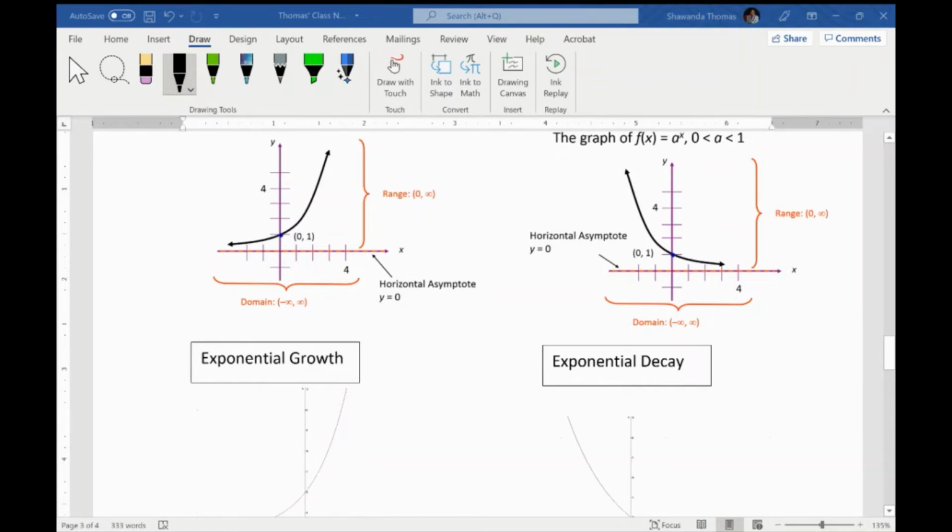It's the y-intercept. Very good. So where your graph crosses the y-axis, that's called a y-intercept. That's when x equals 0. If it crosses the x-axis, that is called the x-intercept. All right, moving on.